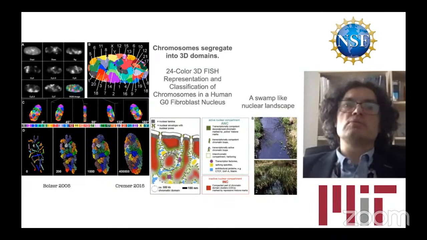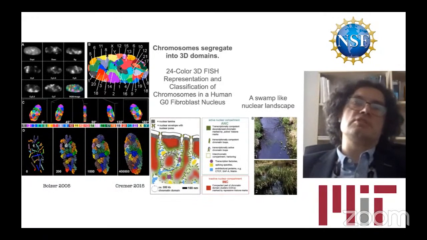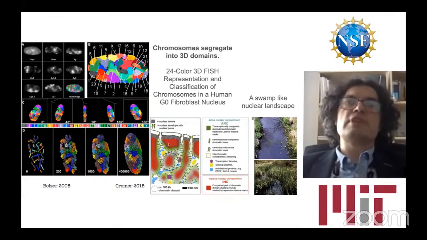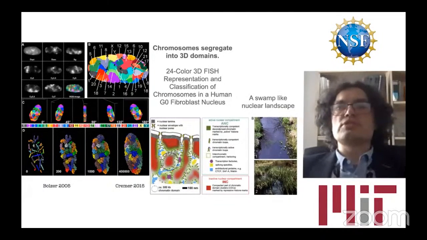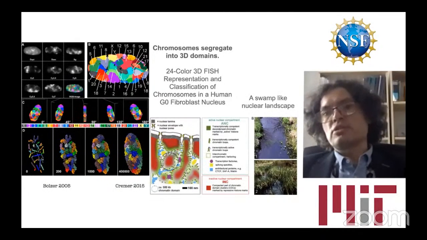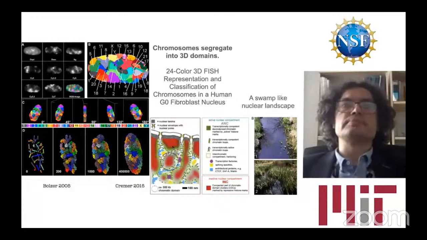Moreover, if you go to higher resolution using, for example, electron microscopy or some super resolution light microscopy, you can observe that generally speaking, the nuclear volume is divided into dense regions and sparse regions. The sparse regions have a lower density of chromatin, whereas the dense regions characterize inactive nuclear compartments, heterochromatin, which actually harbor genes which are switched off.